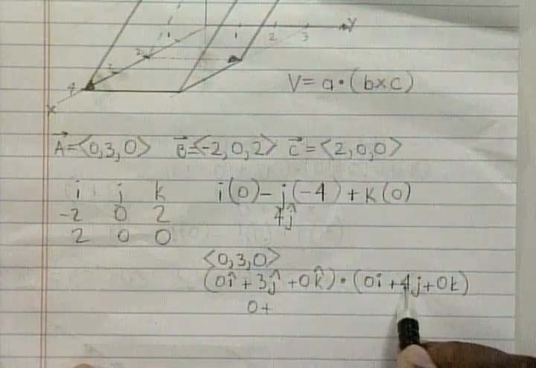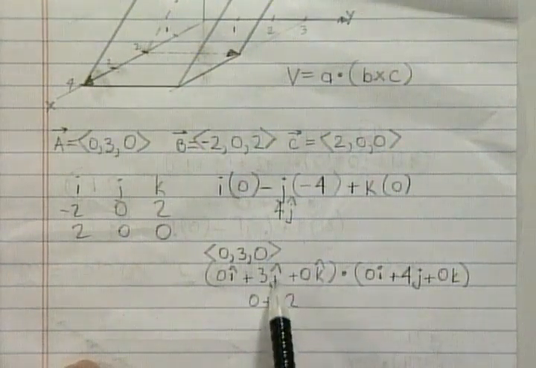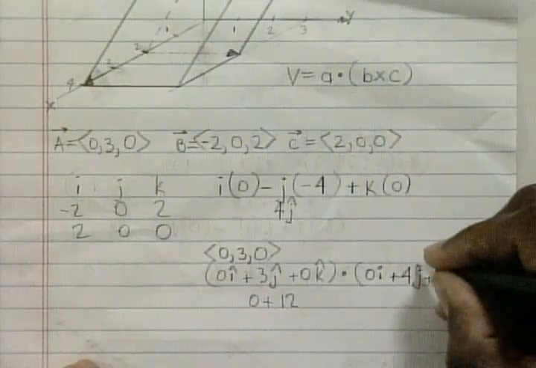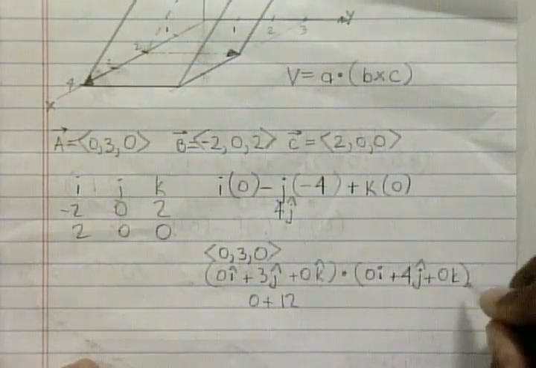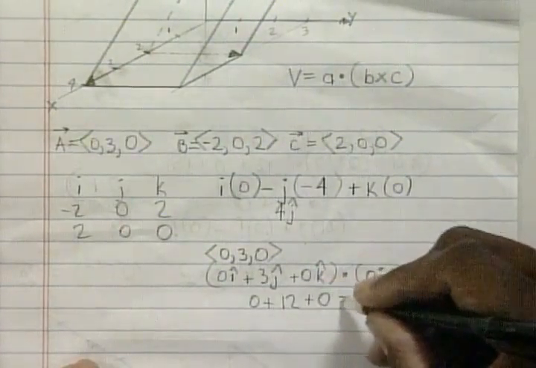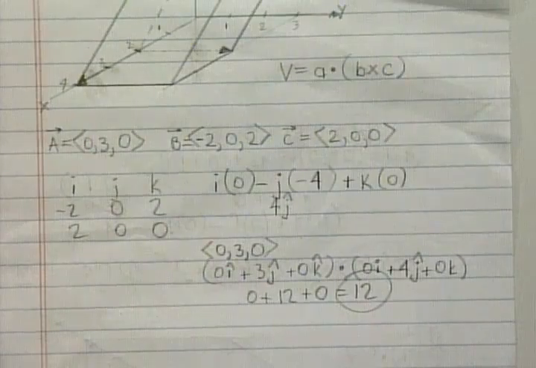Plus 3 times 4, that's 12. Unit vector j times unit vector j, that's just 1. See, 12 times 1 is 12. And then 0 times 0 is 0. And you end up with a volume of 12.